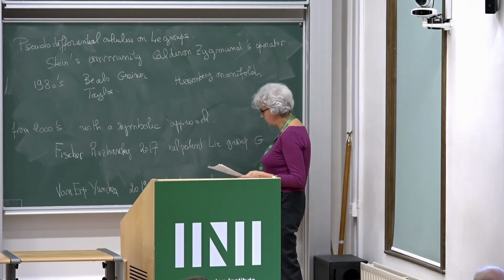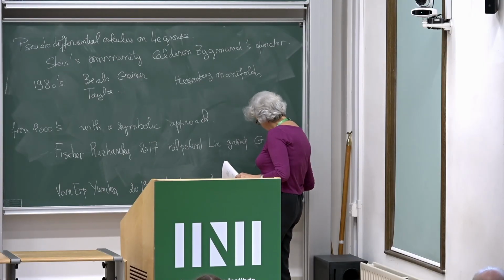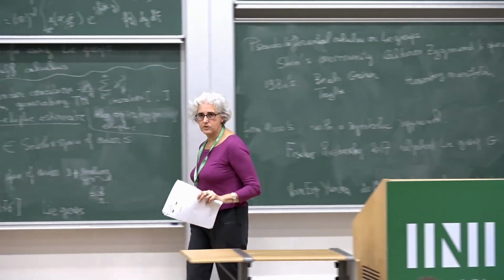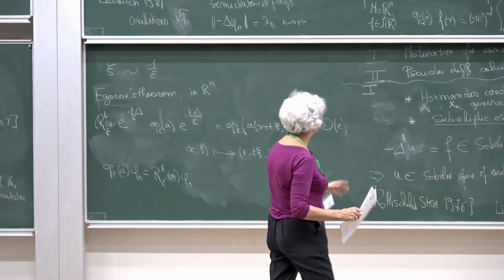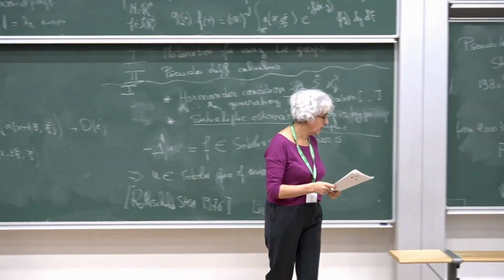It started with Connes' ideas, and it's based on a groupoid approach, which is not exactly the same, because in some sense you are considering symbols which are polynomial or polyhomogeneous.